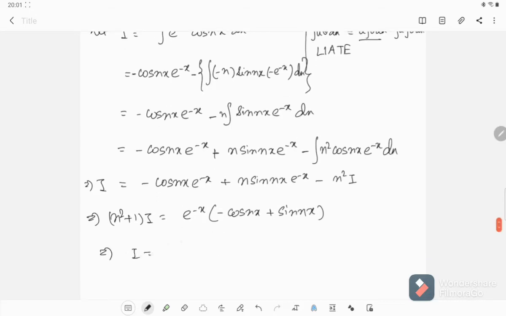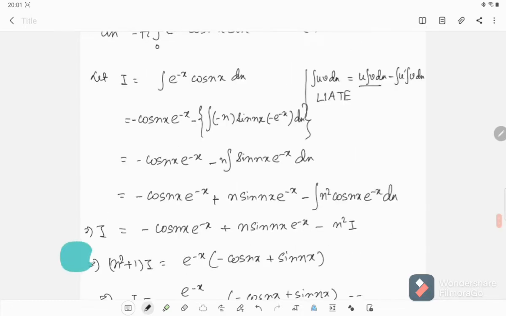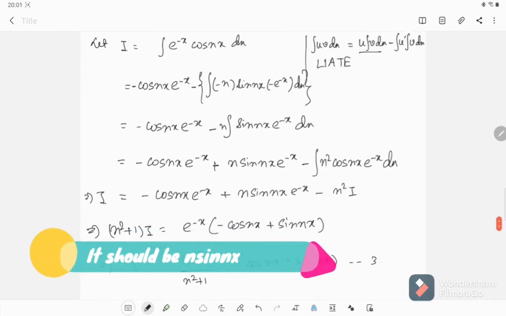So I is equal to e to the power minus x by n square plus 1 times minus cos nx plus n sine of nx. Let's give it equation number 3a.